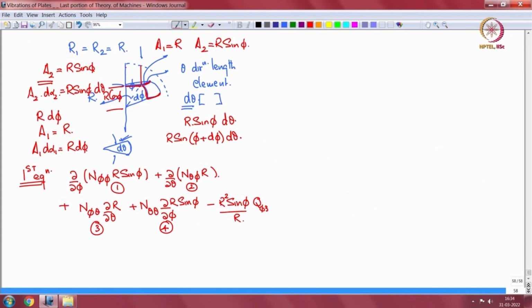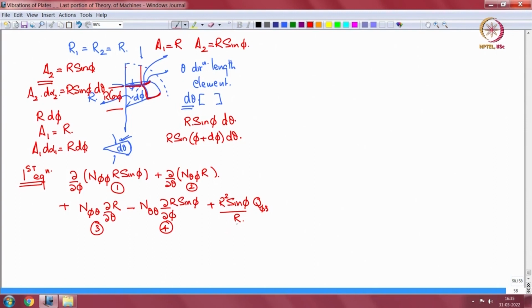So if I switch the sign, that is equal to a plus, this will be a minus, this will be a minus, the others will be plus.